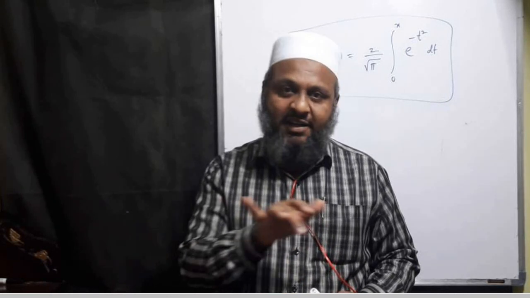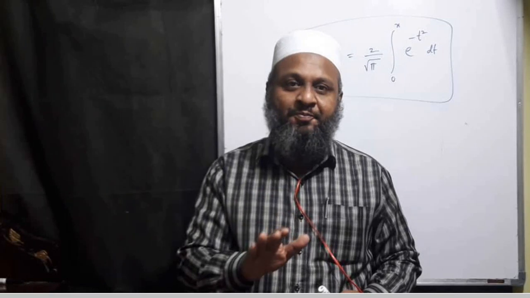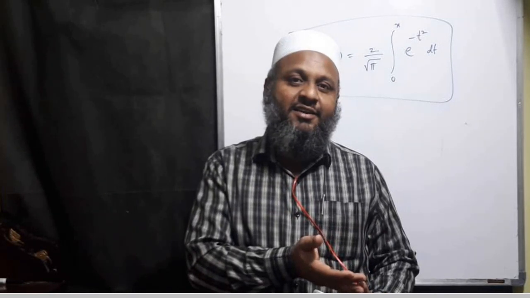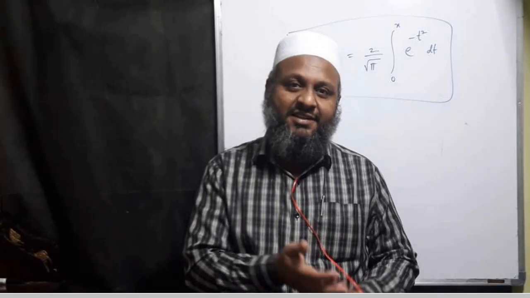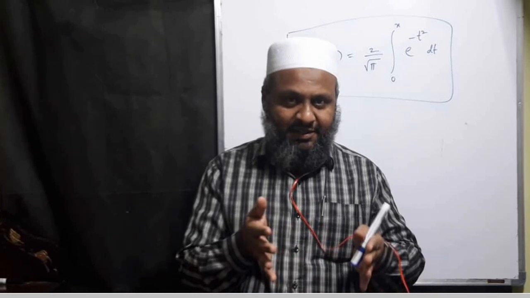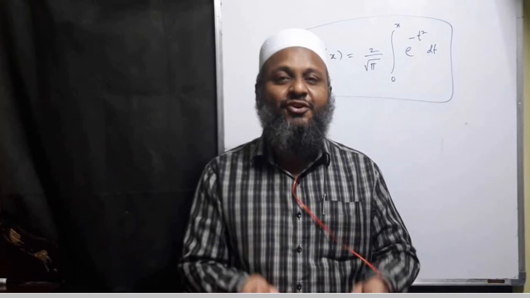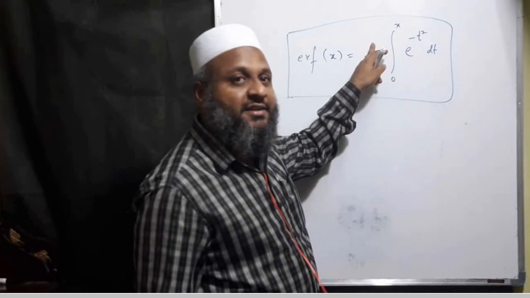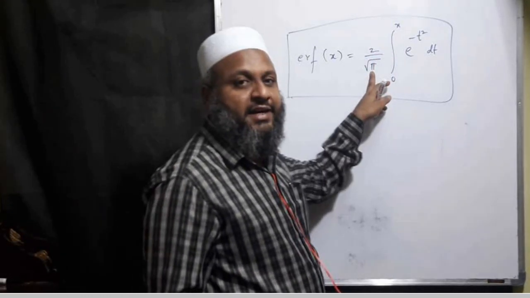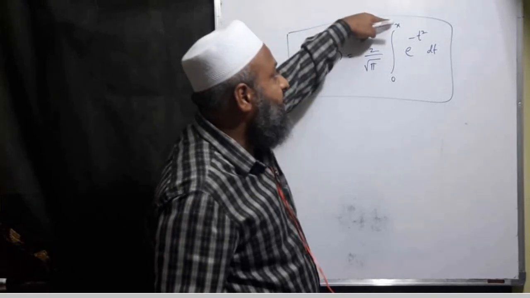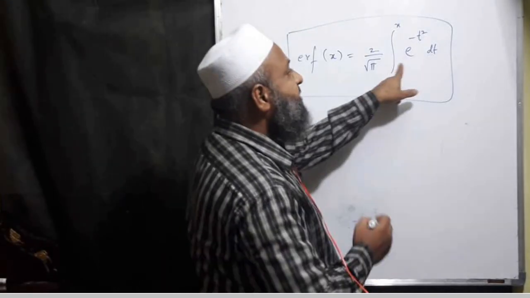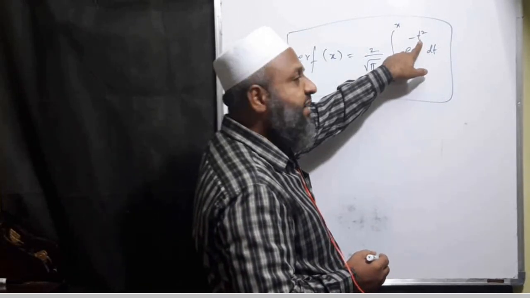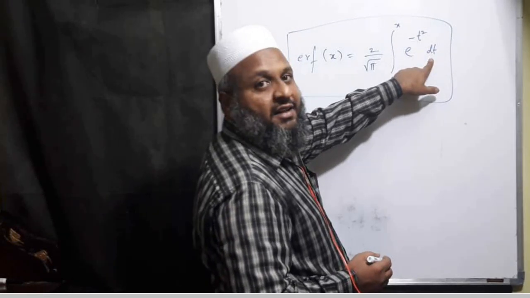If you say that you can calculate it in Google, they'll ask, do you know? Because if you are able to calculate the value of the error function in Google, then somebody has written a program for that, and that somebody should know what the function is. That function is nothing but this integral multiplied by 2 by root pi. Whatever input you give here, that input comes here, and this integral depends on t, which is the variable of integration.